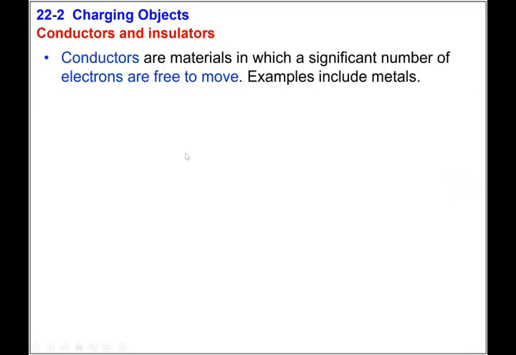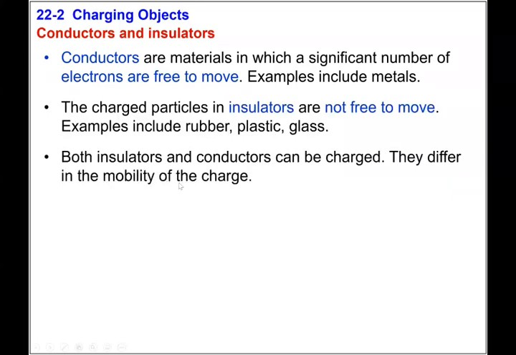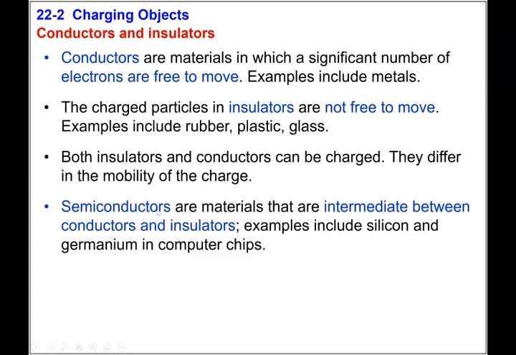All right, so these are the main categories, conductors and insulators, but just for completeness, I would like to introduce you to some other categories. Semiconductors are materials that are intermediate between conductors and insulators, and they are commonly used in electronic devices, like silicon and germanium. They can be doped.